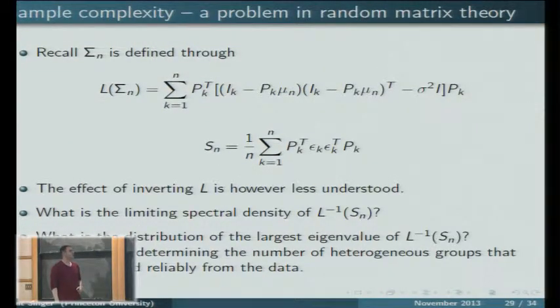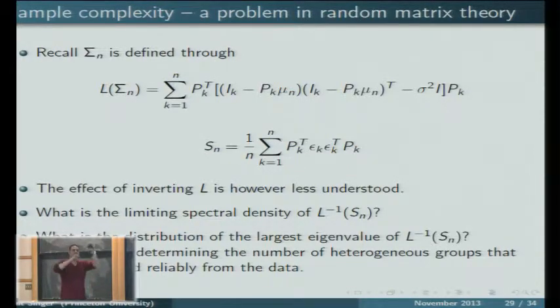Okay. Now we want to understand something more, because our sigma n is not Sn, it is Sn after we invert L. So now we need to understand what is L inverse of Sn. And that's a question that I don't know how to answer now. So basically, we have Sn, this sample covariance matrix, and now you apply to it a linear operator, but this linear operator is not just multiplying Sn by a matrix. You apply a linear operator over the space of covariance matrices.